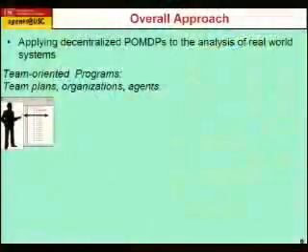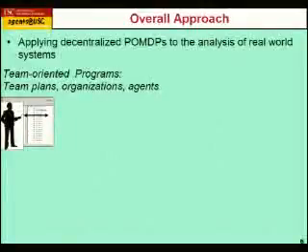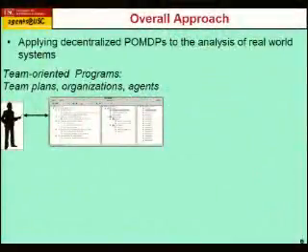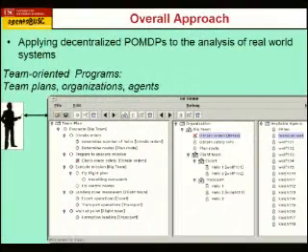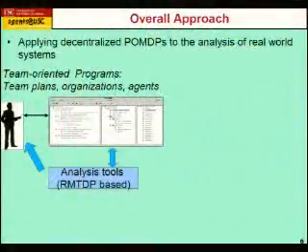So the overall approach is to use decentralized POMDPs for the analysis of real-world systems. We start with a team-oriented program, which is an example of a team plan. It consists of a hierarchical team plan, an organization hierarchy, and a set of available agents.